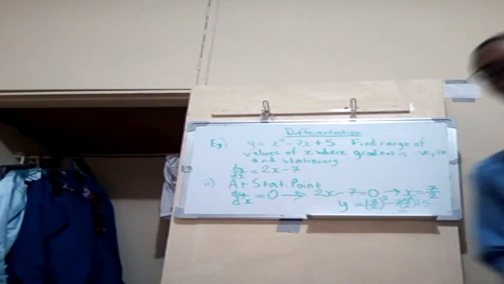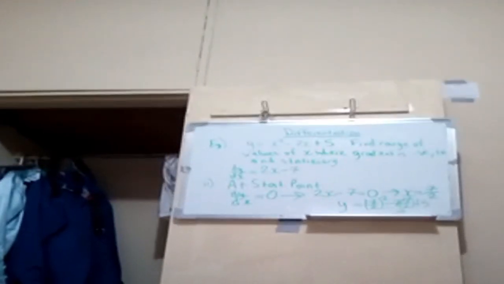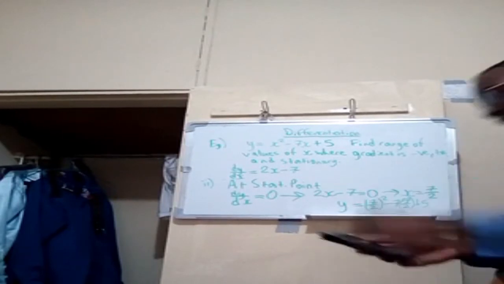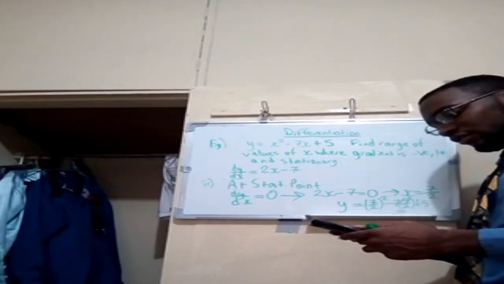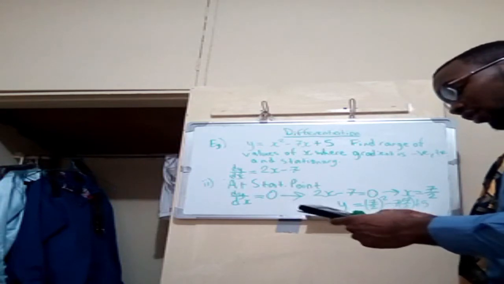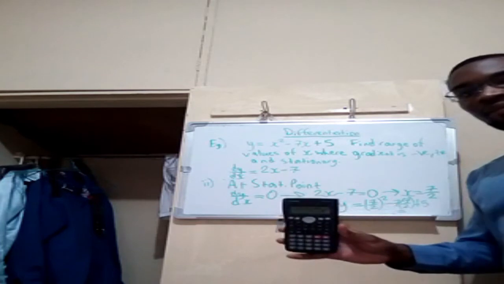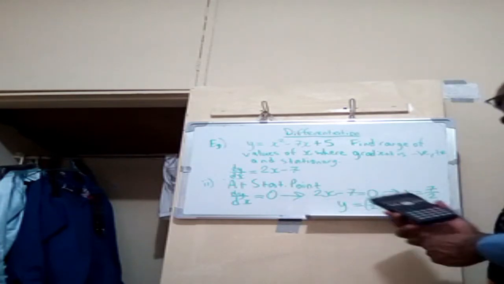So let's plug this into our calculator. We get 7 over 2 squared minus 7 times 7 over 2 plus 5, and we're getting minus 7 and a quarter.